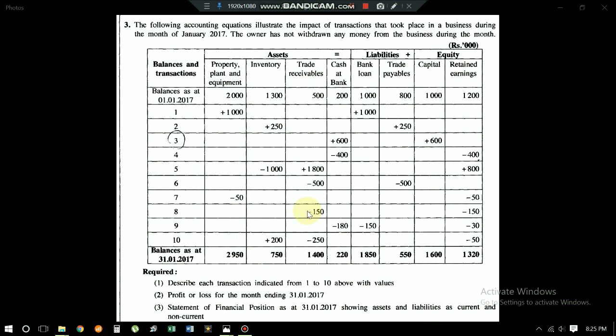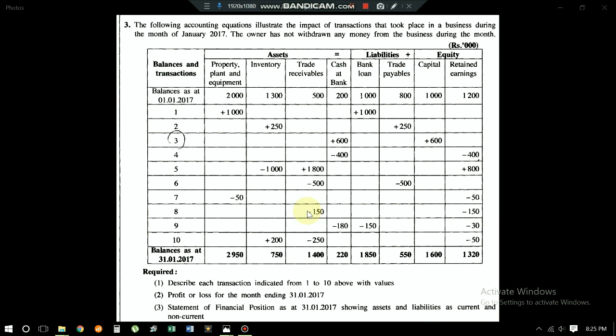How to find profits? Profits can be found by deducting expenses from income. That means out of those 4 reasons, income and expenses are grouped as retained earnings. That column shows income and expense. Then the 2 reasons, initial capital and additional capital, will be categorized under the capital column.